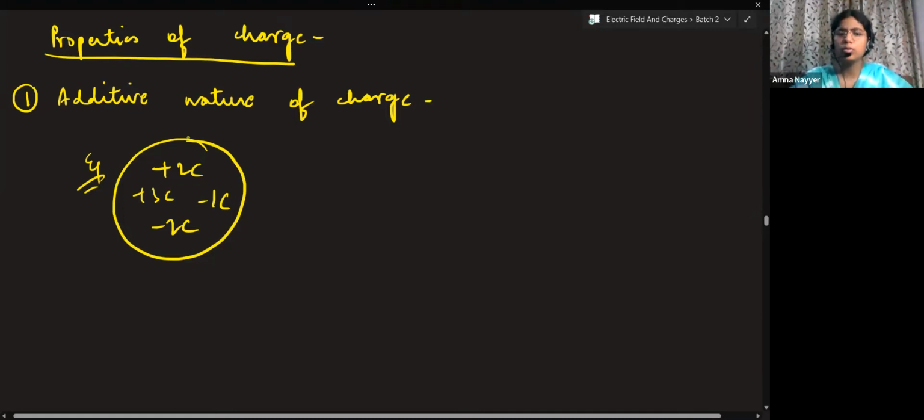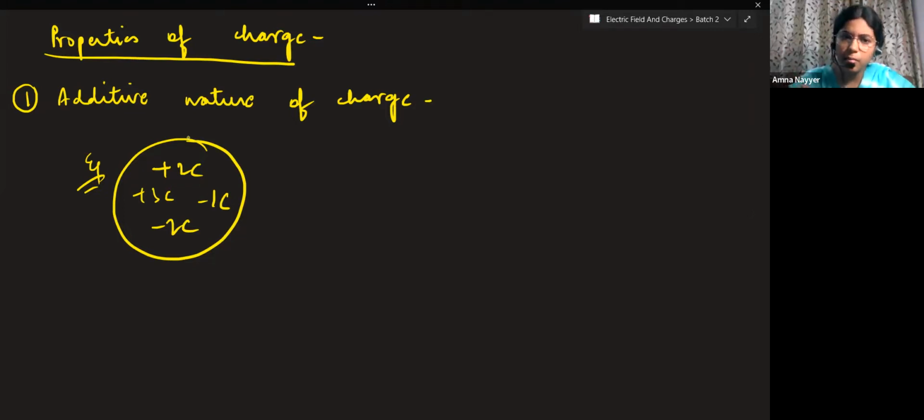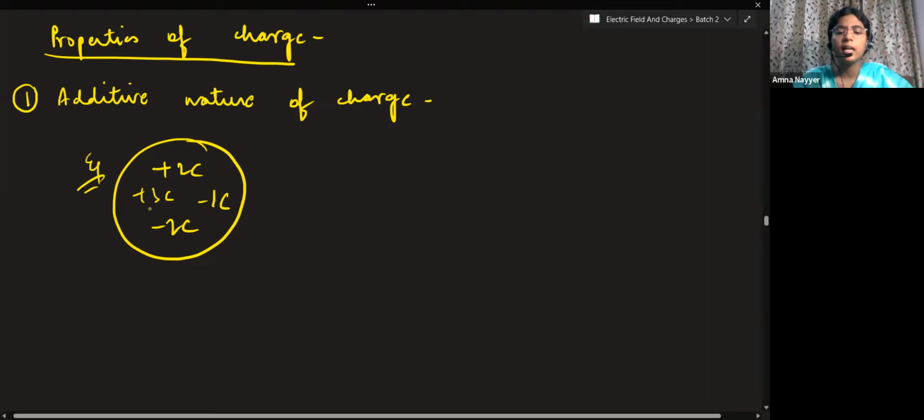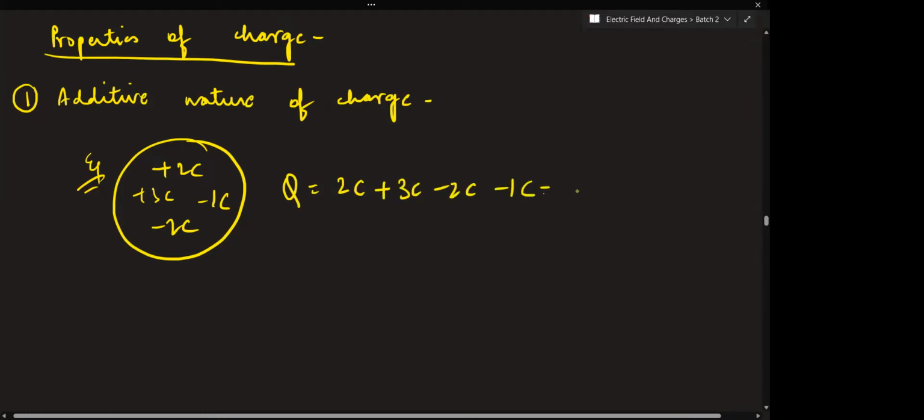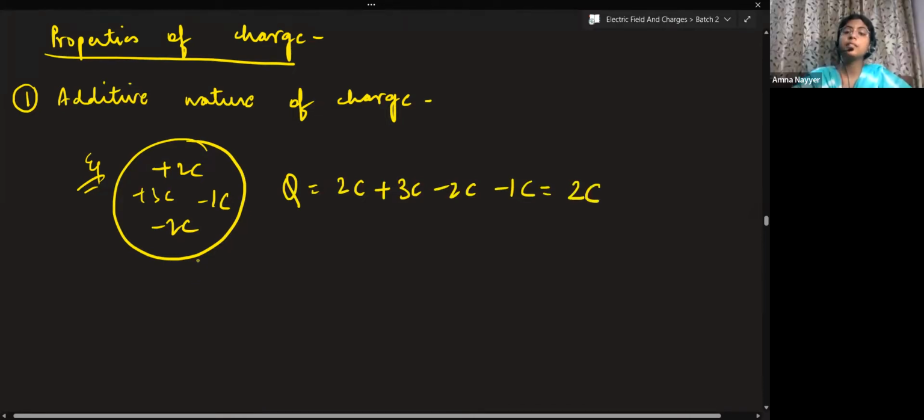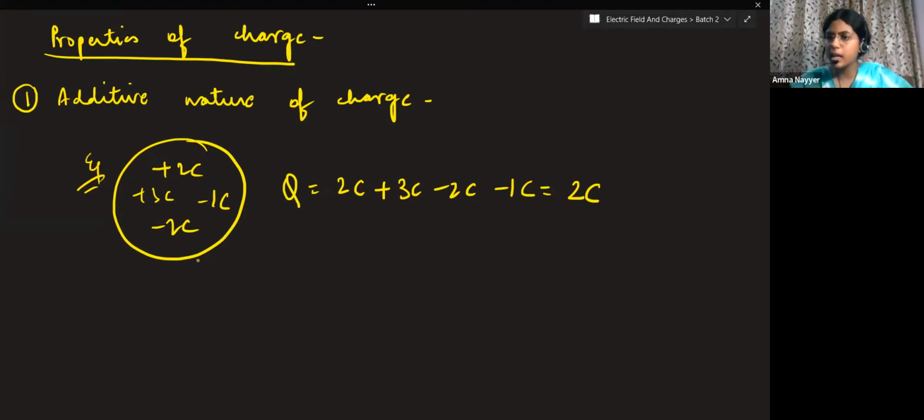So you will simply apply mathematical algebra, and this net charge will become 2 coulomb plus 3 coulomb minus 2 coulomb minus 1 coulomb. So this becomes 2 coulomb only. So charges allow themselves to add algebraically, because there are many quantities which cannot be added algebraically.